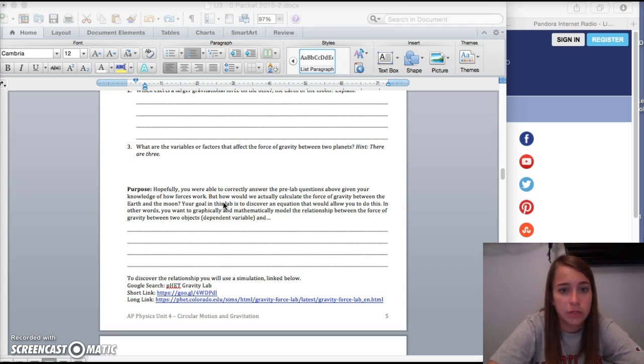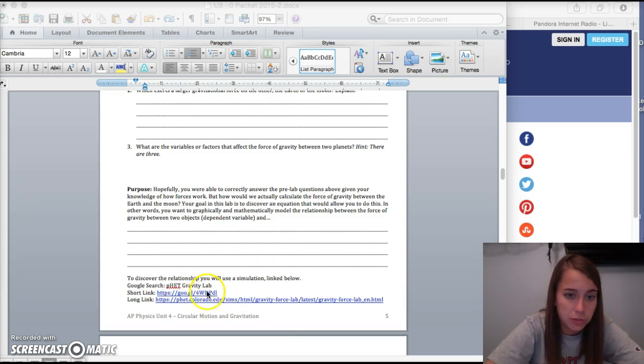In other words, you want to graphically and mathematically model the relationship between the force of gravity, your dependent variable, and three things: mass of one object, mass of the other object, and the distance between the centers of those two objects. That goes on this line right here: mass of one object, mass of the other object, and the distance between their centers.